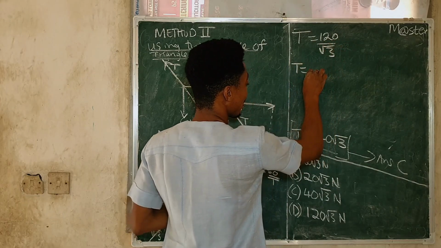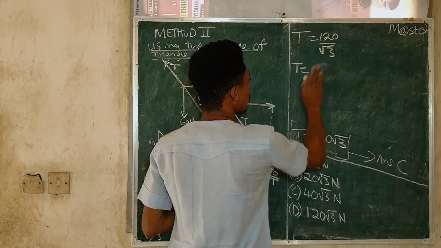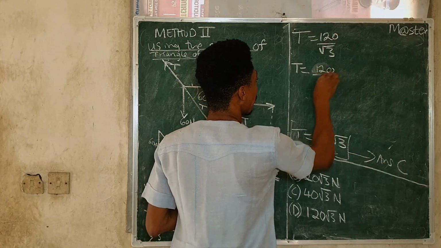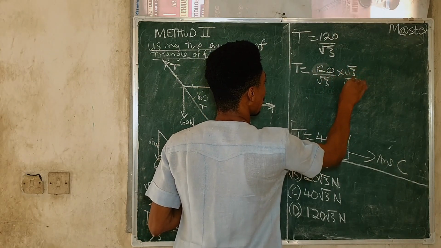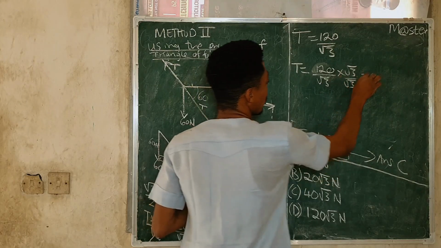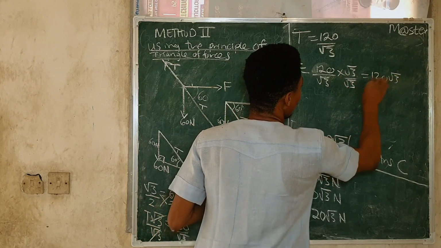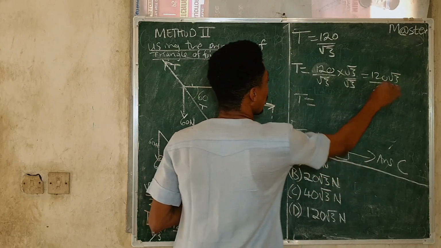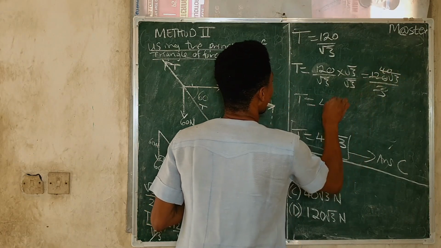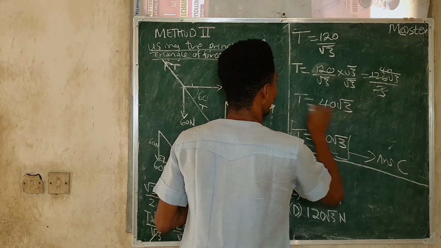So I rationalize: T equals 120 all over root 3 times root 3 all over root 3. This is 120 root 3 all over root 3 times root 3 is 3. So T equals 40 root 3.